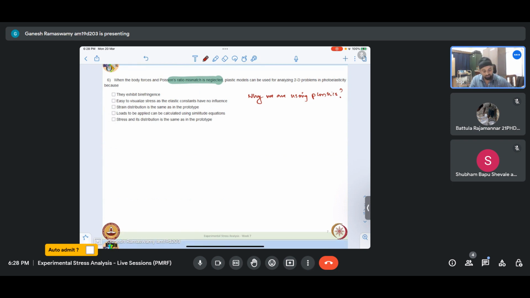Because plastics exhibit birefringence, yes, and in case body forces and Poisson's ratio mismatch is neglected, this is for a 3D case.